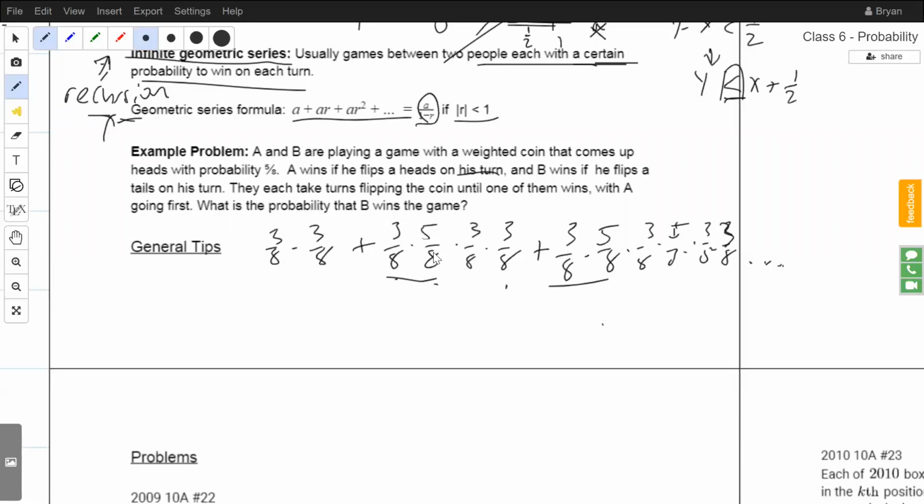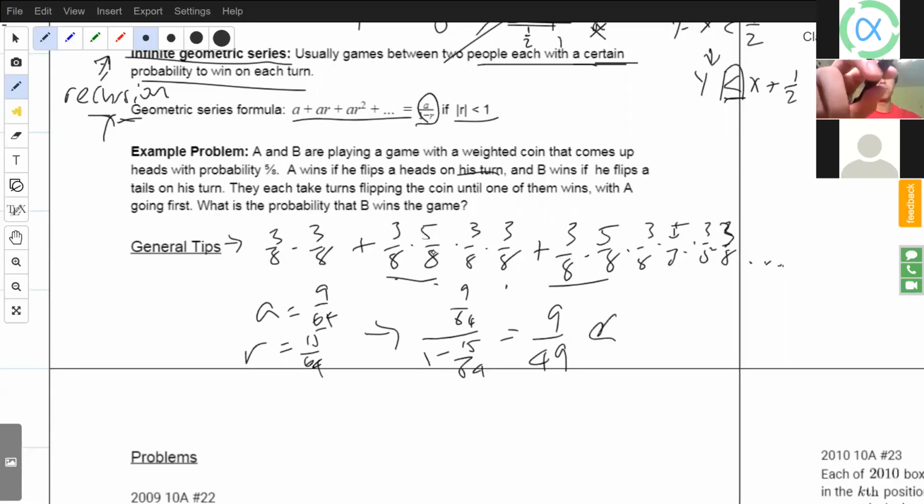So we have A is equal to 9 over 64, and R is equal to 15 over 64. So the probability is just A over 1 minus R, which is equal to 9 over 49. And that's the probability that B wins. So we basically can generalize an entire sequence into just one term.